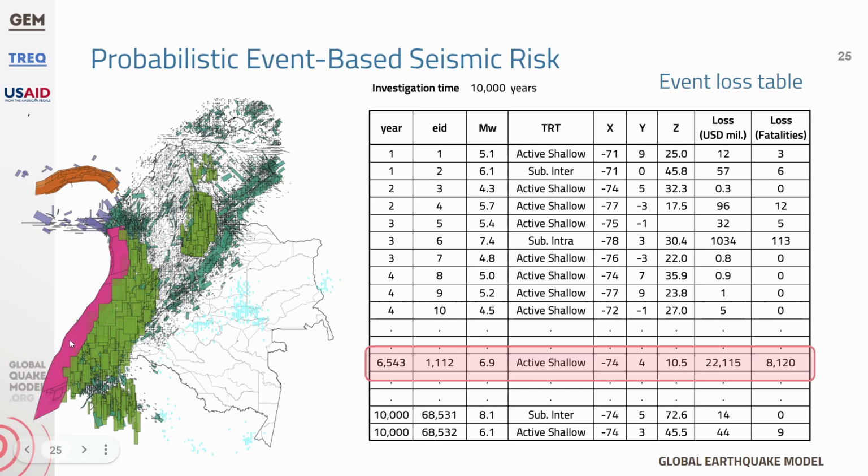So let's say an event occurring something around here, but it's a very, very deep event, 100 kilometers, 150 kilometers, might generate a very low ground motion at the surface. And hence, it will not generate damage, and hence, it will not appear here in our table because it did not generate any consequences. So in the table, only events that cause a certain minimum loss will appear.